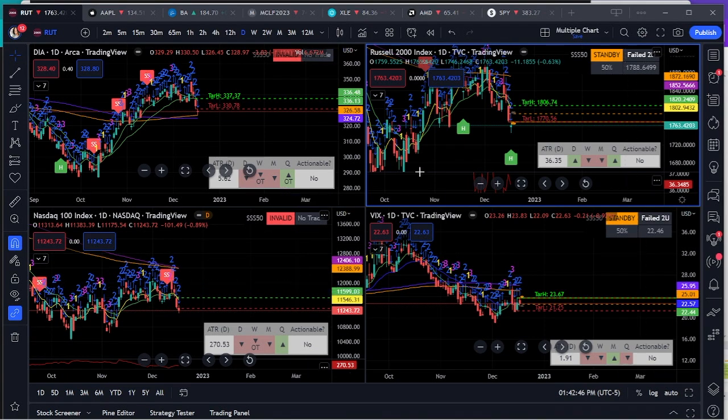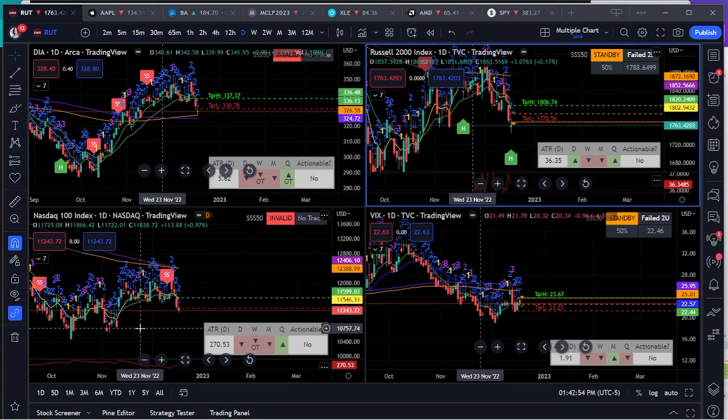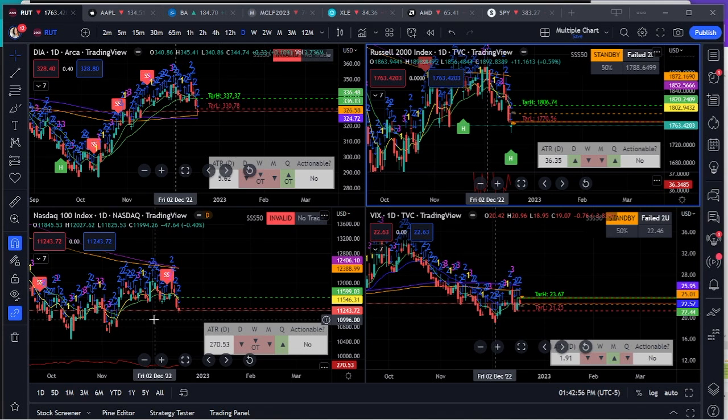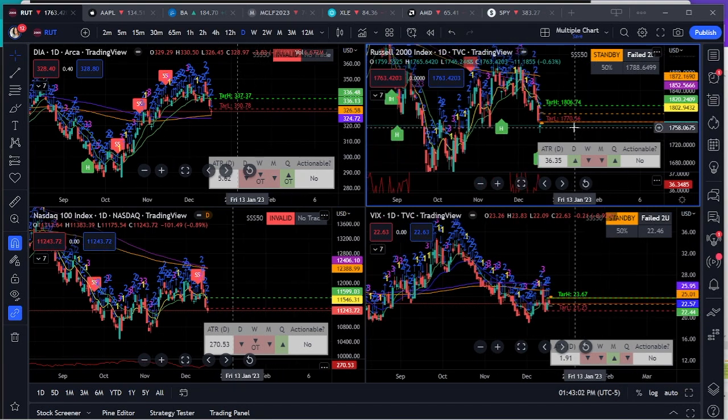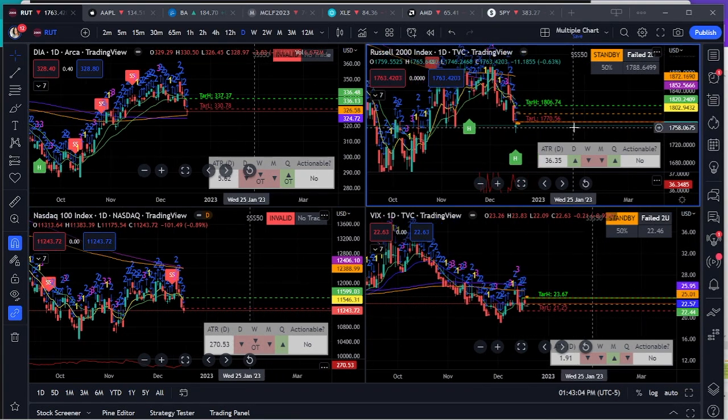The Nasdaq and the Russell are both under all of their EMAs. The Nasdaq has a little gap to fill here, 10996. So definitely looking to see more continued downside.